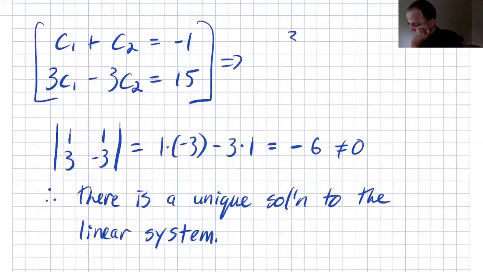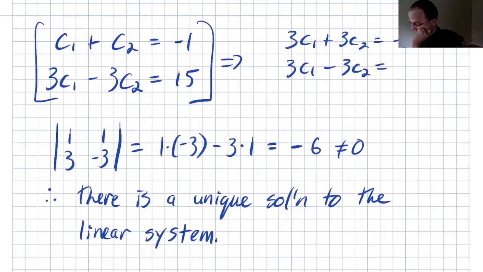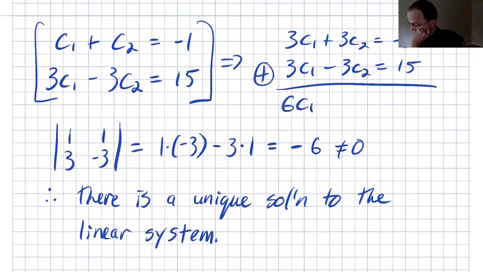So I can do 3c1 plus 3c2 equals negative 3. 3c1 minus 3c2 equals 15. I'm going to add them together. I get 6c1, and then this is just 0. And here we get 12.